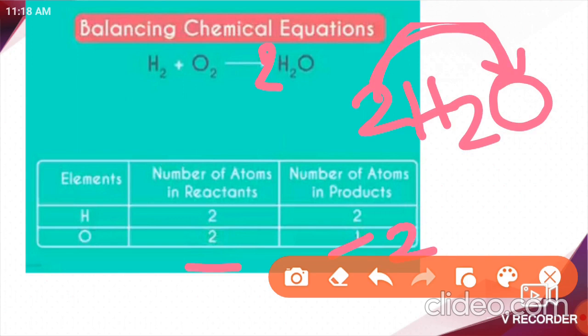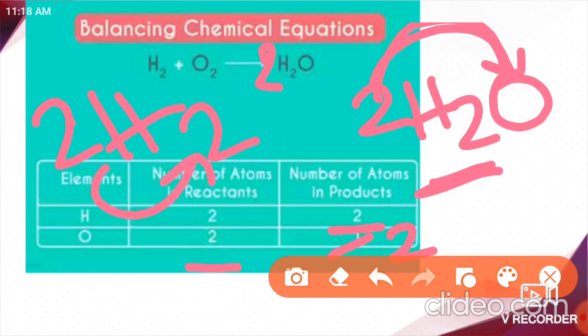But children, here you notice one thing. What happened here? The number of hydrogen atoms gets altered. Initially, in the product, how many hydrogen atoms are there? 2, right or no? But here, 2H2O means this 2 now gets multiplied with this subscript 2. Then the total number of hydrogen atoms becomes 4.